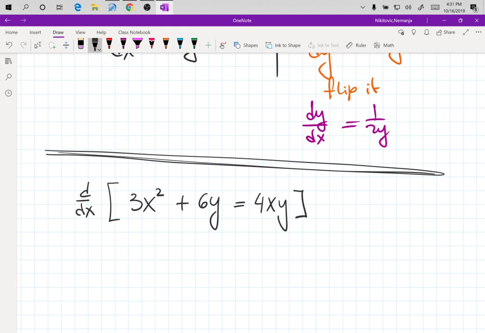Okay, let's take a look. The derivative of 3x squared is 6x dx, right? Cancels, so we don't care. Derivative of 6y is 6 dy/dx. Very good. Excellent. And what do we have on the other side?